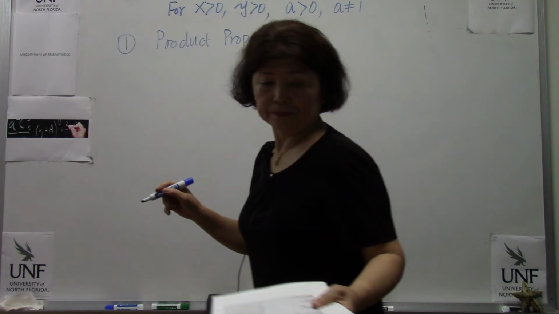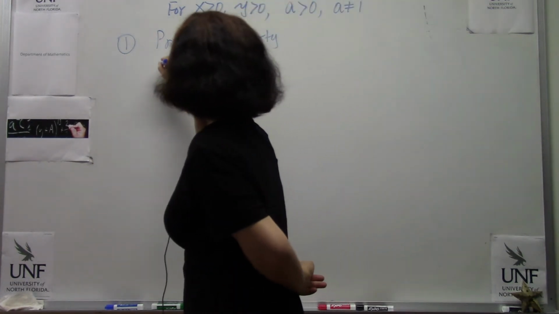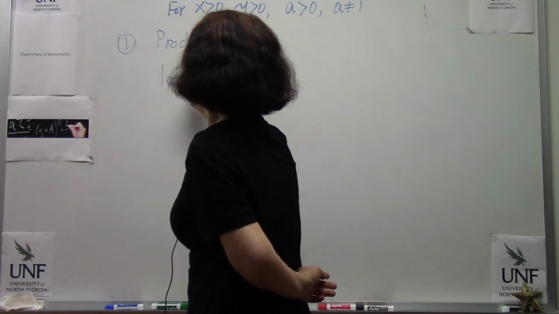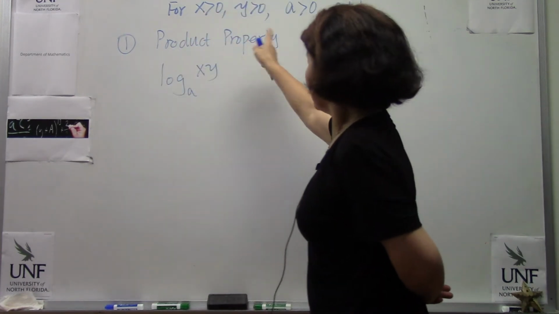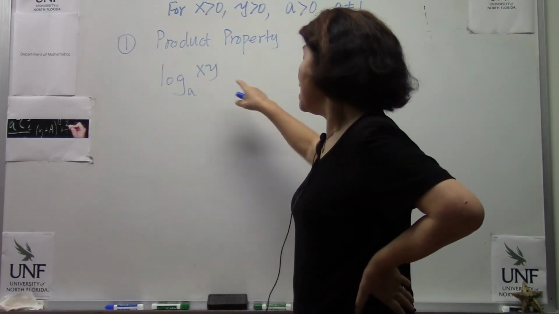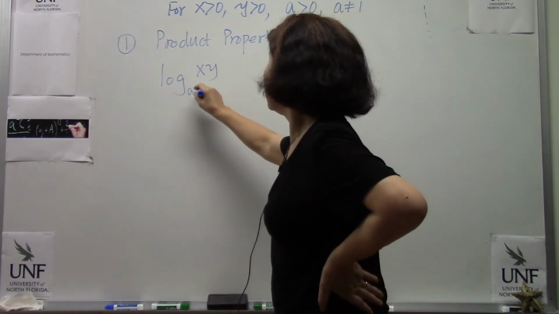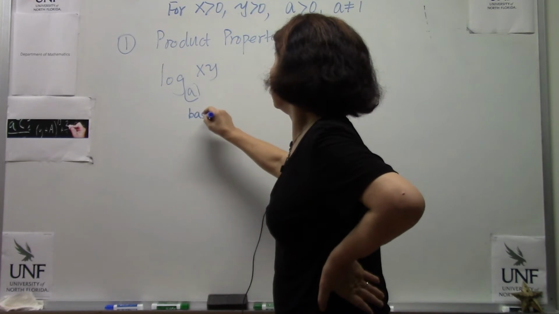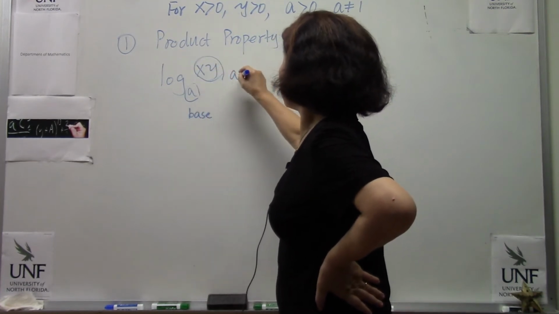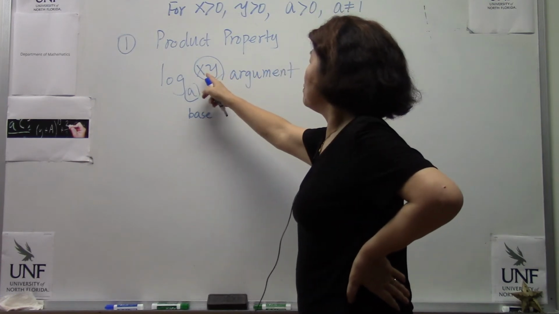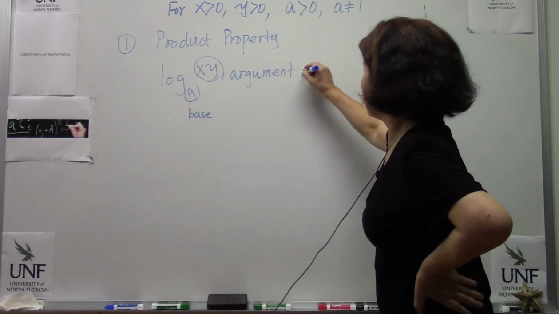That is this. When you have a logarithm of xy to base a, see, product means multiplication, is that right? So you see multiplication in this argument. Again, this is the base, and we call this the argument. When you have a product in the argument, what are we going to do?